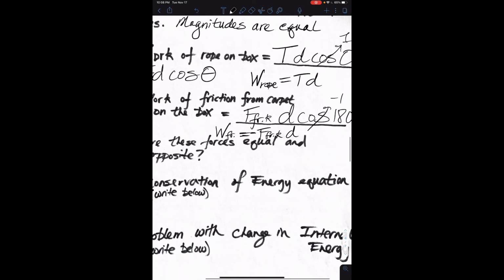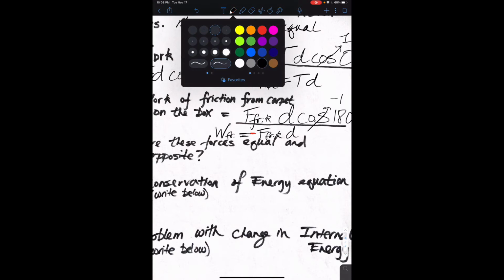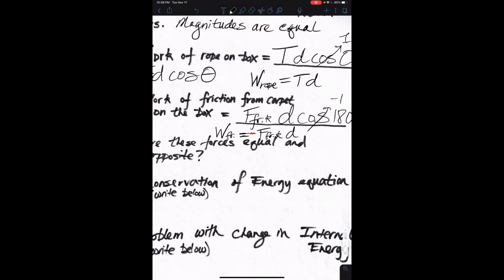Let me make it red maybe. Okay, so you get the idea, right? Work done by the rope is TD. Work done by force friction is negative friction kinetic times D.